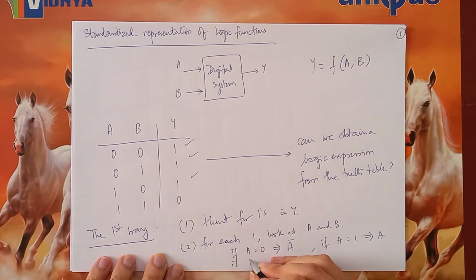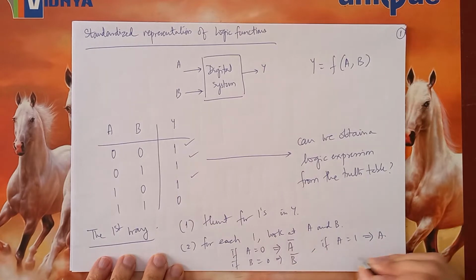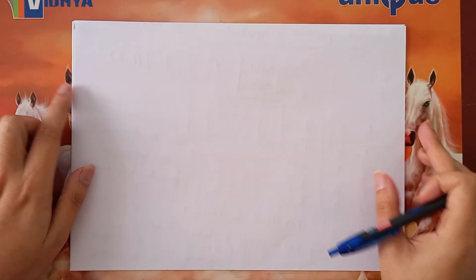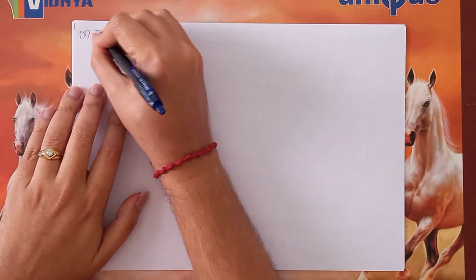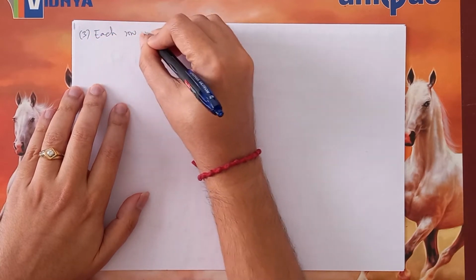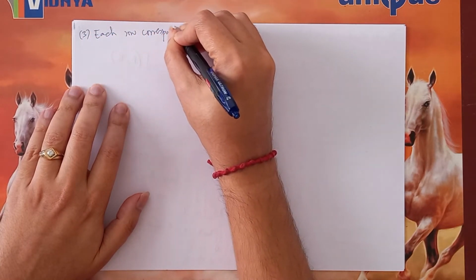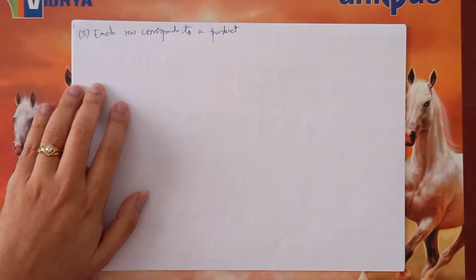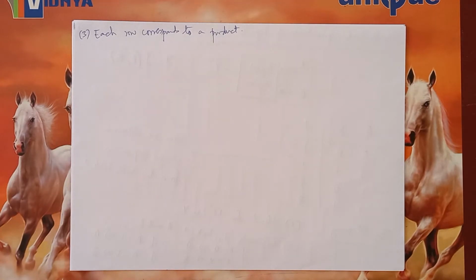Likewise with B. If B equals 0, it indicates B bar, and if B equals 1, it is simply B. And the third step is each row corresponds to a product. So step 3 is each row corresponds to a product.